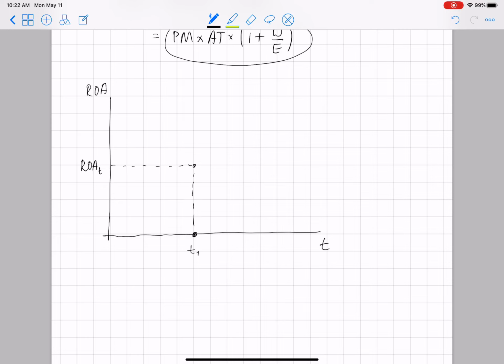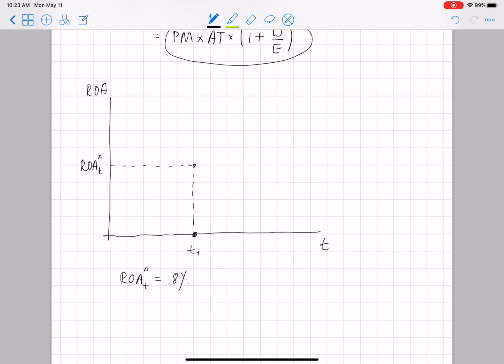And let's say that ROA t is equal to, I don't know, 8%. What does it tell me? Nothing, okay? And by the way, let me call it A, meaning that it's company A. So ROA for company A is equal to 8% at point T1. Is it a lot? Is it a little?